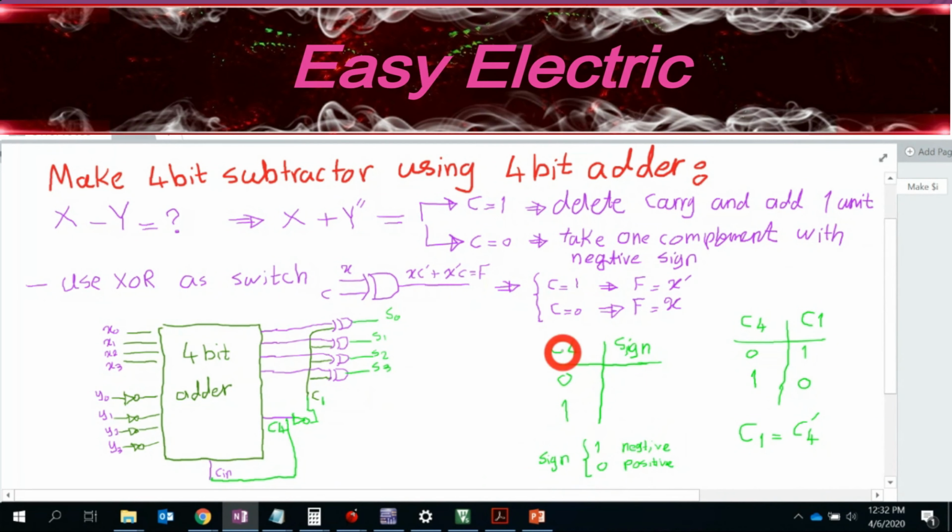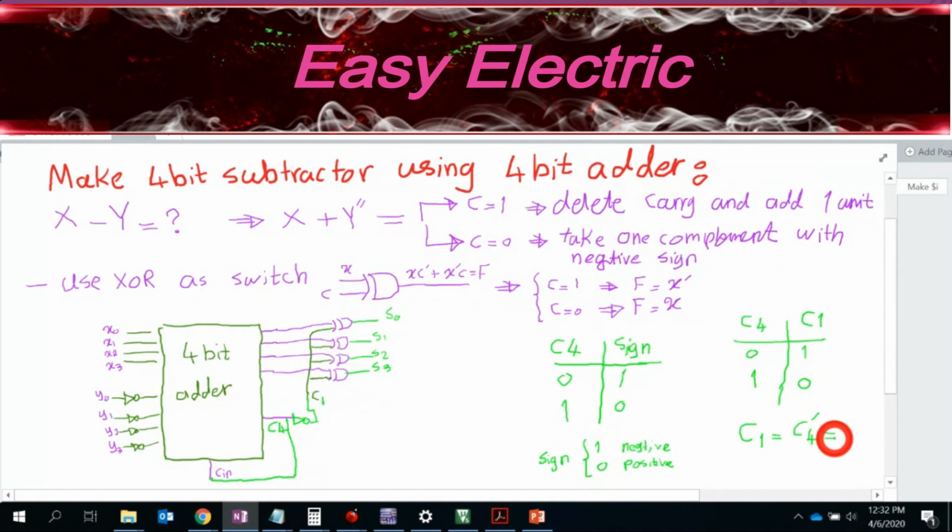So back here, the C4 is 0. So the sign, should we have a positive number or a negative number? Negative number. Why? Because of these concepts. C4 is 0, you need a negative. What is the negative? It's 1. So you have 1 here. Whenever C4 is 1, you have the positive. What's the positive? It's 0, okay? So again, if you check this, the sign equals C4 not, right?